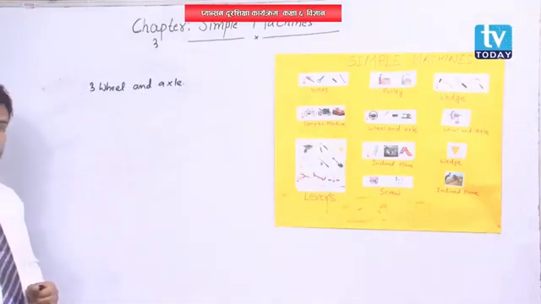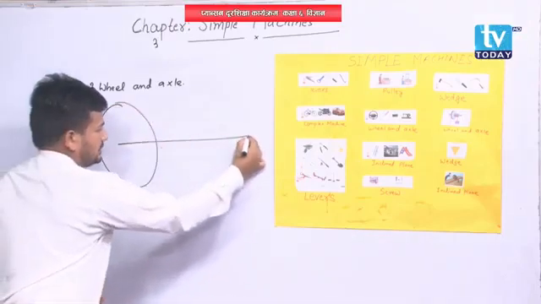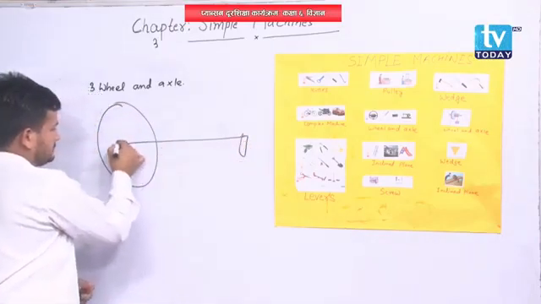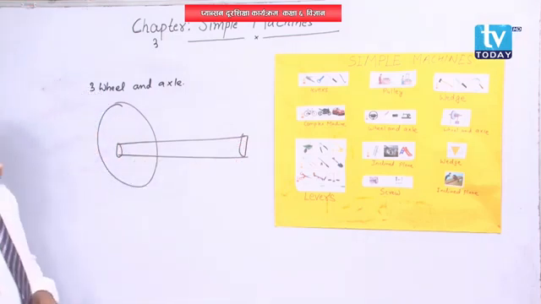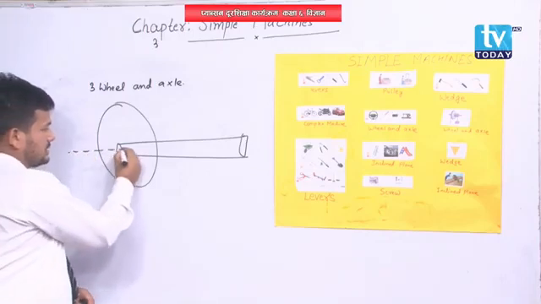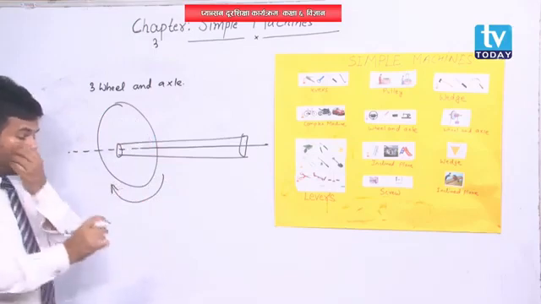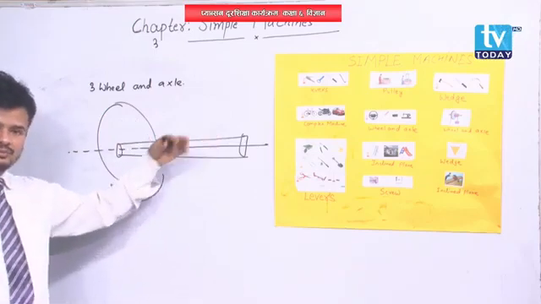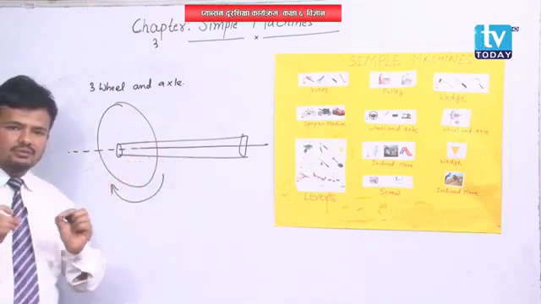Usually it has two cylinders, one big and one small. Both of them have the same axis of rotation. When the wheel moves, the axle also moves. You know that this is called wheel and axle. So how to define wheel and axle?